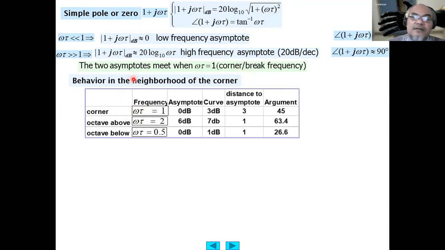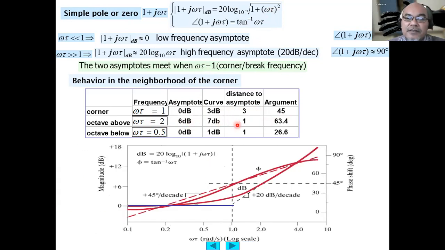At the corner, omega tau equals 1, and the asymptote is 0 decibel. The curve is at 3 decibel. Distance to the asymptote is 3. Then when omega tau equals 2, the asymptote will be 6 decibel and the curve will be 7 decibel.